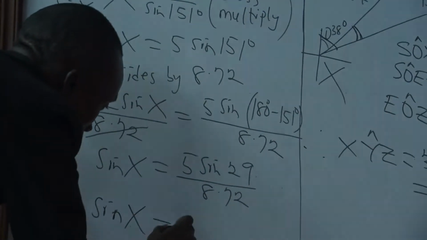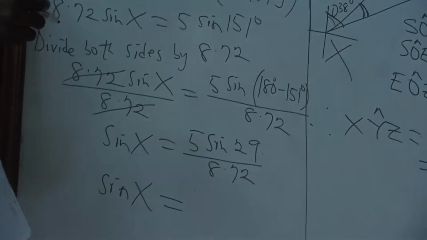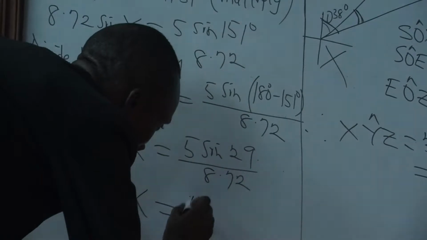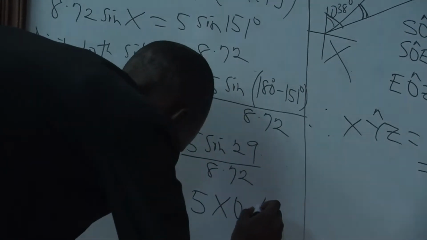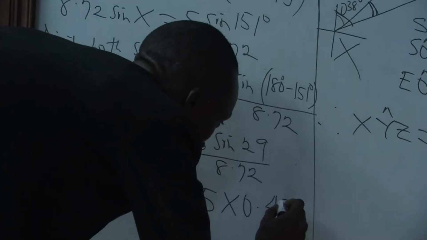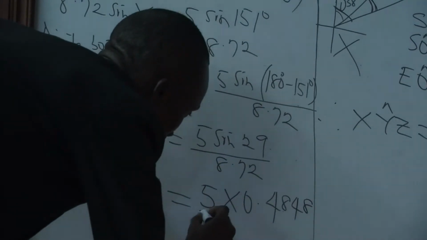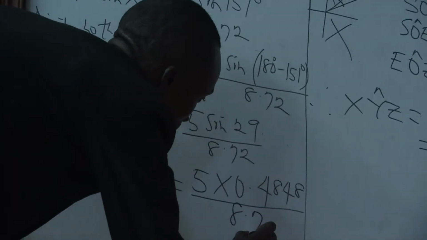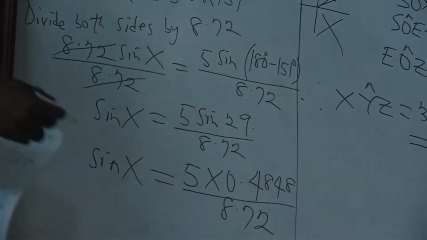If we open our four-figure table for sine 29, we have 5 multiplied by 0.4848 divided by 8.72.